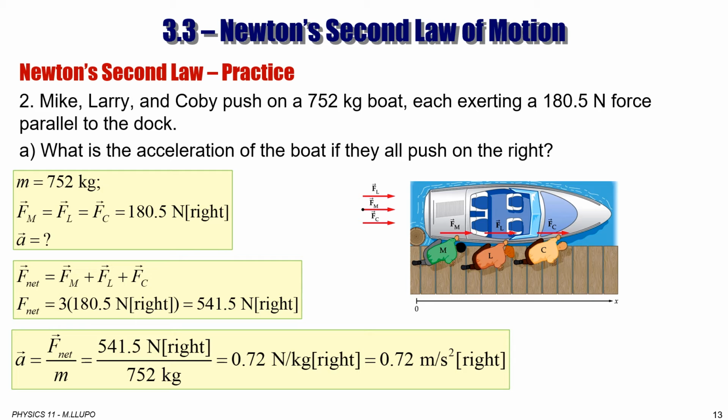Acceleration is F net divided by mass: 541.5 Newtons right divided by 752 kilograms produces an acceleration of 0.72 Newton per kilogram, which is the same as meters per second squared, to the right. So it's 0.72 meters per second squared right.